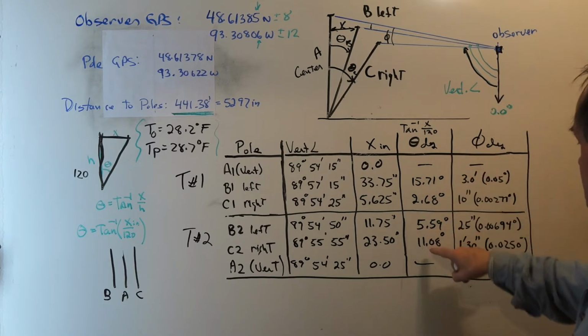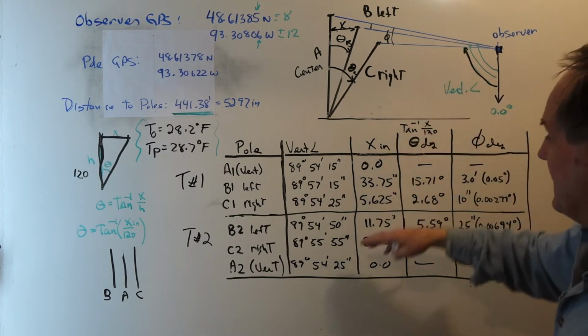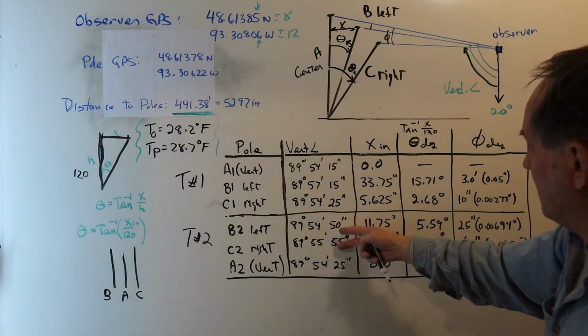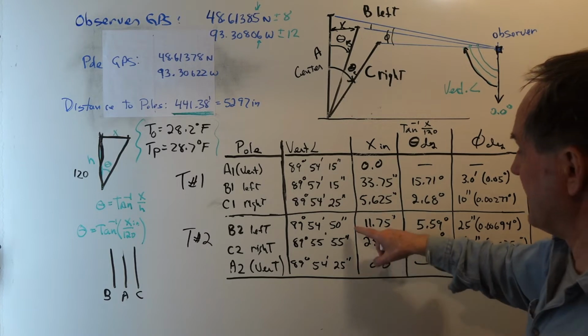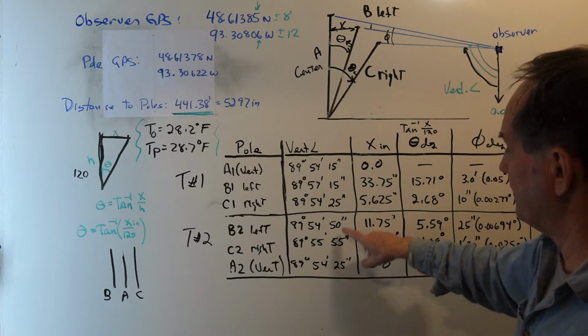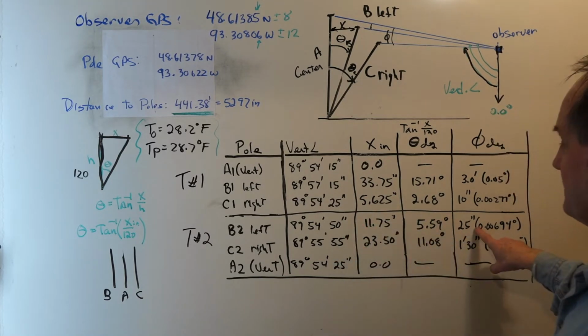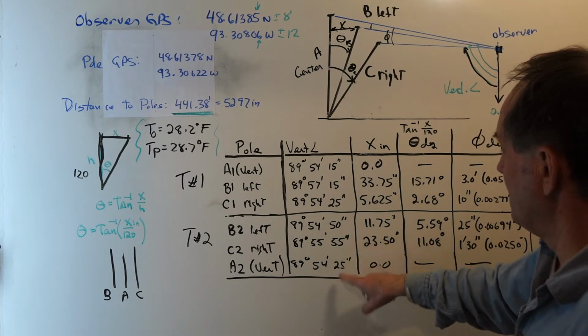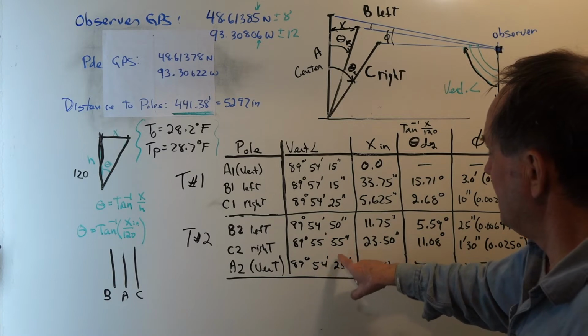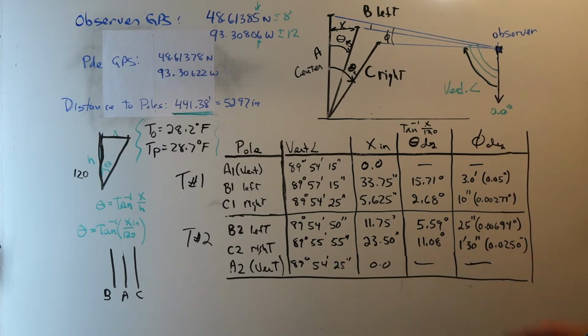And these, again, are computed just by taking differences of the vertical angles. For pole B, if we subtract this number from this number, we get 25 seconds. And if we subtract this number from this number, we get 1 minute and 30 seconds. And that is 0.025 degrees.